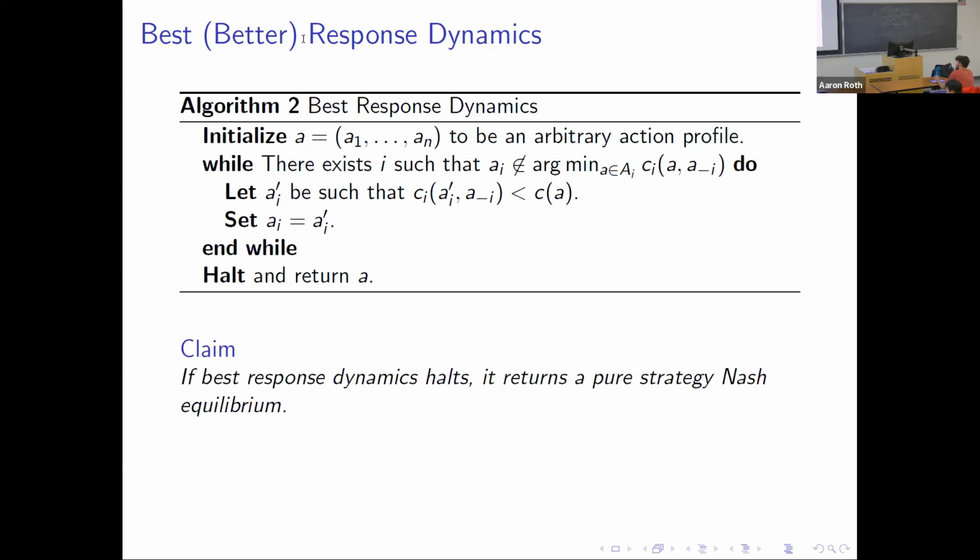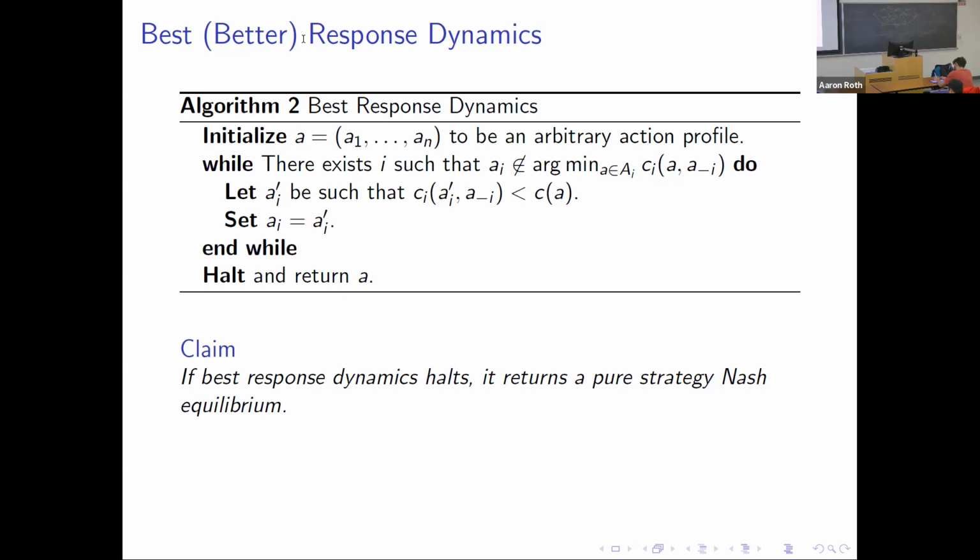But I claim one thing that is clear is that if it halts, it halts at a pure strategy Nash equilibrium of the game. Can anyone tell me the one-liner explaining why this is? Yeah, it is the halting condition of the algorithm. What is the halting condition?